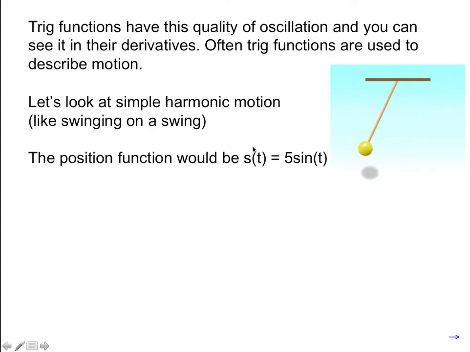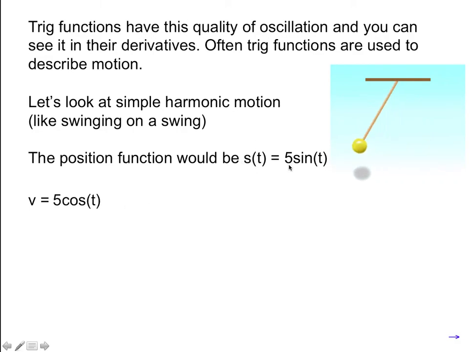So we can model that with 5 sine t. And so its amplitude would be 5. So if this is the position function, and remember position is s of t. I know s is a confusing variable to use, but s stands for position. So if I want to find the velocity, then I'm going to take the first derivative.